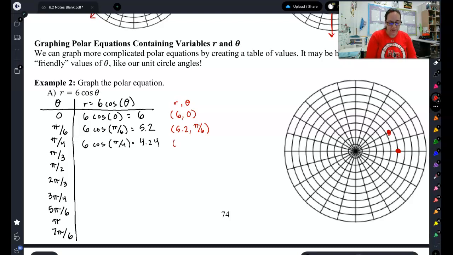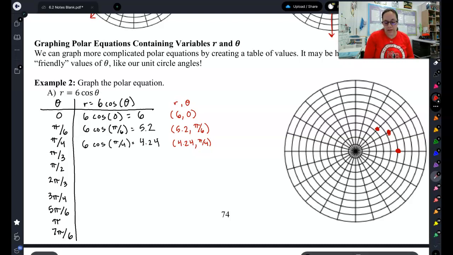And we keep doing that same pattern. So this next one would be 4.24 comma pi/4. So I'm going to go to pi/4 and go 4.2 radius out. And I'm just getting all of these different points. And in the end, I'm going to connect the dots. Just connect all these dots, and that's the graph of this equation.